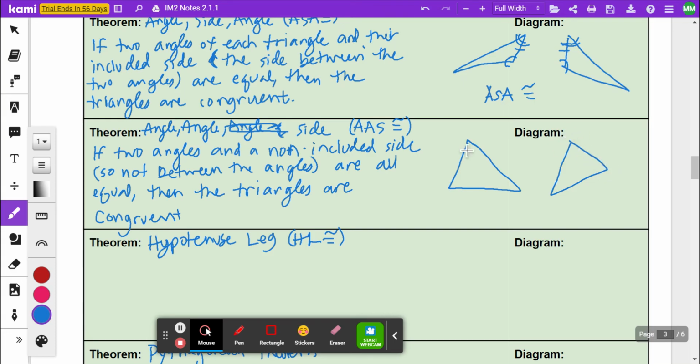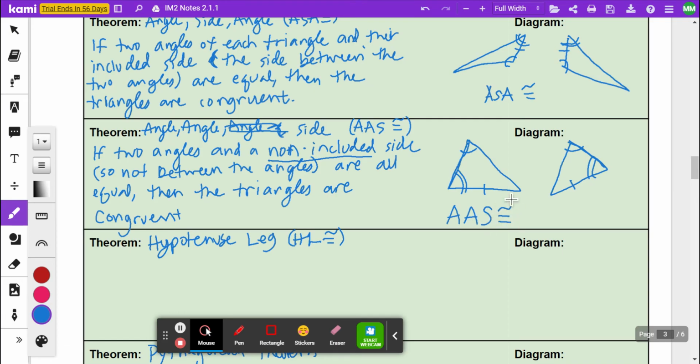All right, and I'll do my angles. Where do you think I can't put the side length marking? If you said I couldn't put it between the angles, you were correct, because I need a non-included side length. So I'll choose this one. Angle, angle, side, congruence.